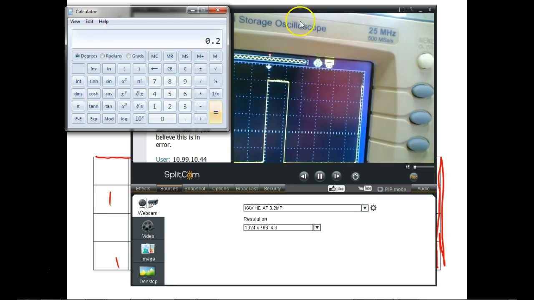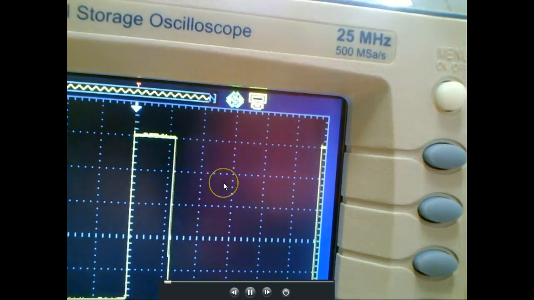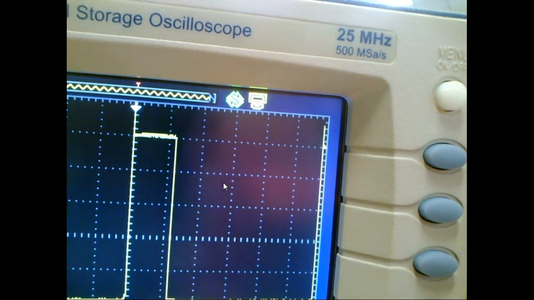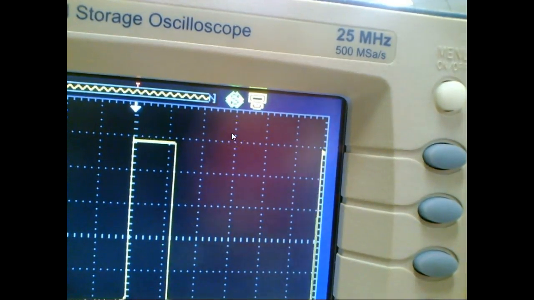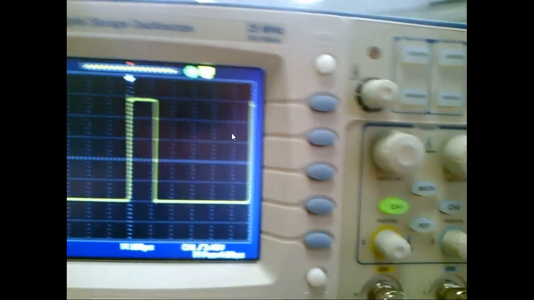So my voltage is 5 volts. I got a duty cycle of 20%. So what would be the average DC voltage? We got a 20% duty cycle. What's my maximum voltage? 5 volts, right?